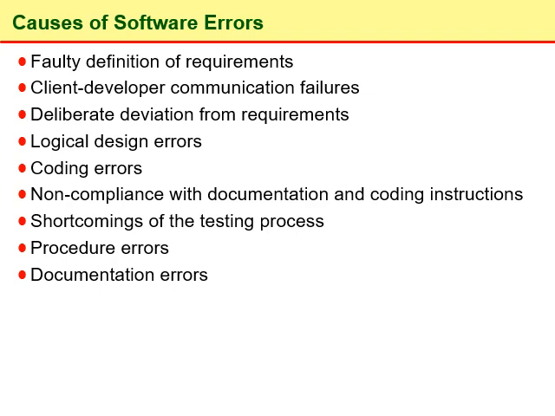Then the third cause is deliberate deviation from software requirements. In several circumstances, developers may deliberately deviate from the documented requirements, which often causes software errors.